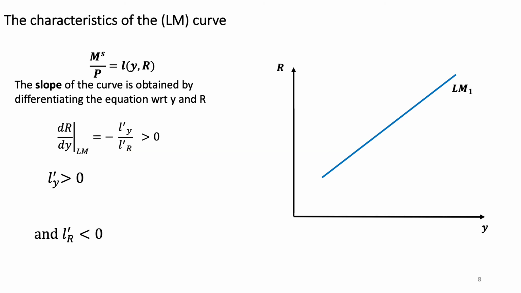So what does it mean when LM is more or less steep? When the slope is steep, it means that the sensitivity of the money demand to the interest rate is relatively low.